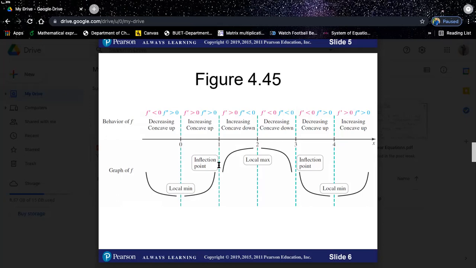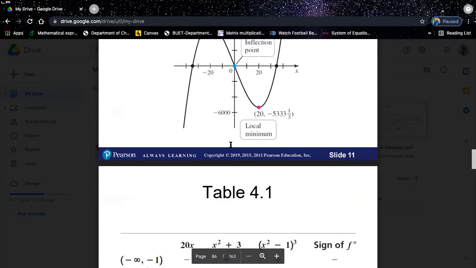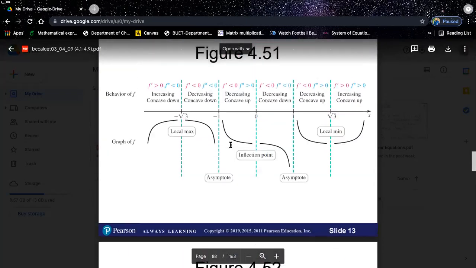And I might say the best way to see is if you can find a point where the first derivative gets zero. If you can find a point like this, then you will see before that point and after the point, the derivatives will change. For example, let me show this one.